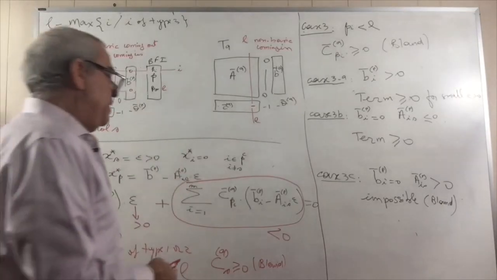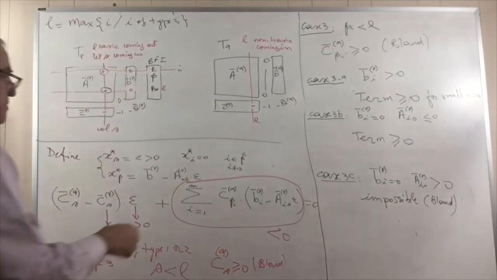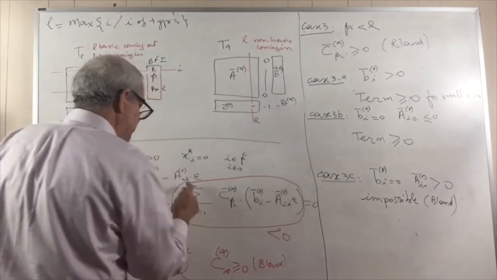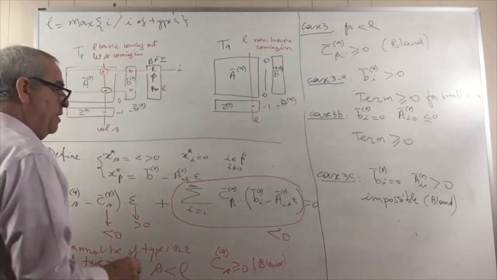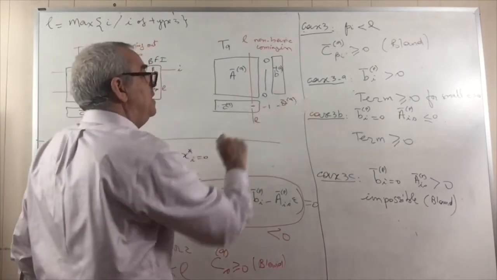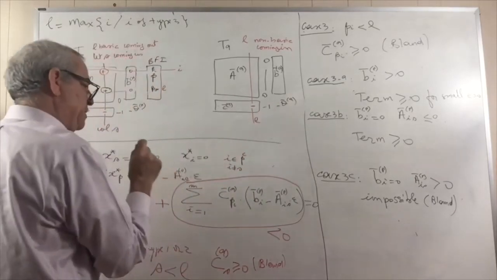Okay, and therefore, in any case, we showed that every term in this sum is greater or equal to 0, and actually in case 2, we showed it to be strictly positive.